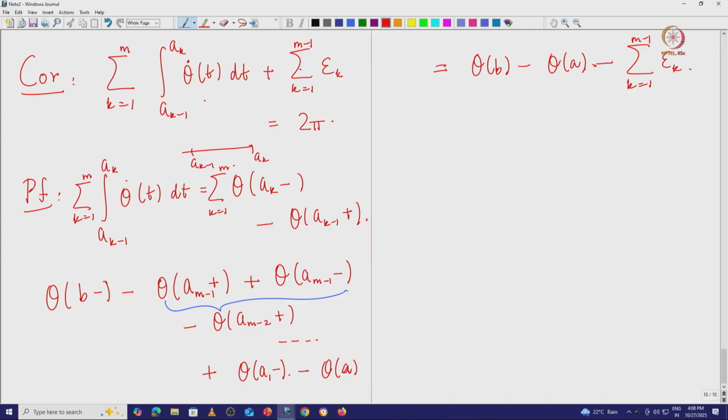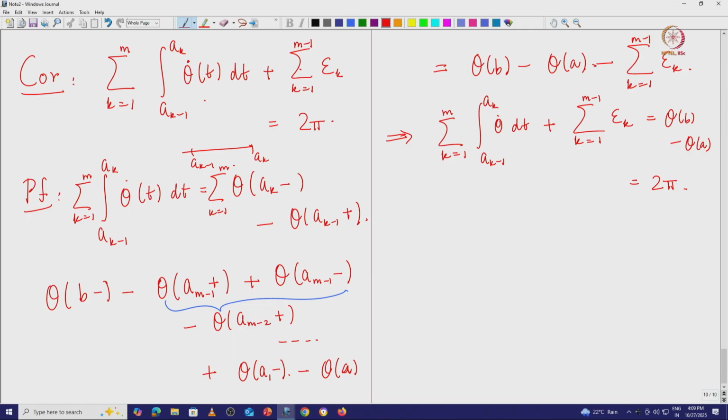Okay. So, if you take the external angles to the other side, you have proved the corollary. So, this is equal to theta b minus theta a, which we know is equal to 2 pi. Okay. Alright, so now we have done all the hard work.